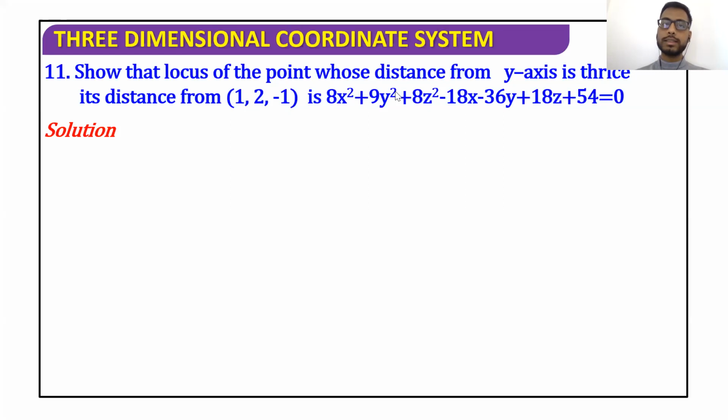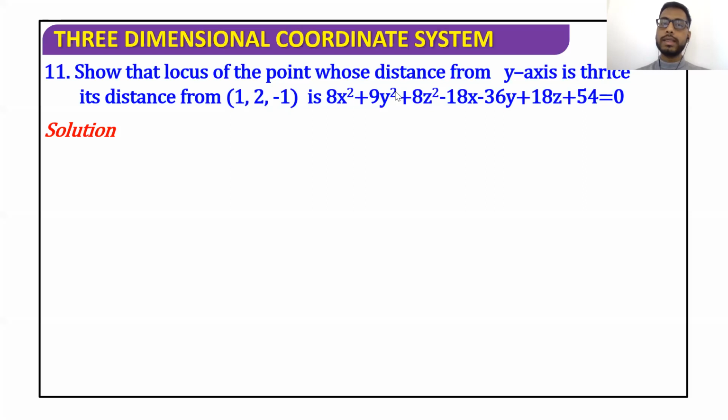Say suppose that point is A, 1, 2, minus 1. So I have to equate in this particular case. Distance from y-axis is on left hand side, 3 times its distance. Suppose my required point is P, which has coordinates x, y, z, and the given point 1, 2, minus 1 is my point A. So I can say that distance from y-axis is equal to 3 times of PA.